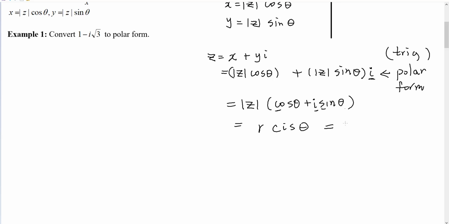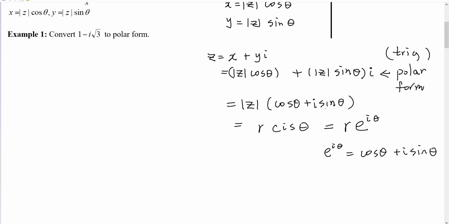I prefer this notation, r times e to the i theta, which means e to the i theta, as will later be proven, is exactly the same as cosine theta plus i sine theta. This is mathematically correct. So e to the i theta equals cosine theta plus i sine theta.